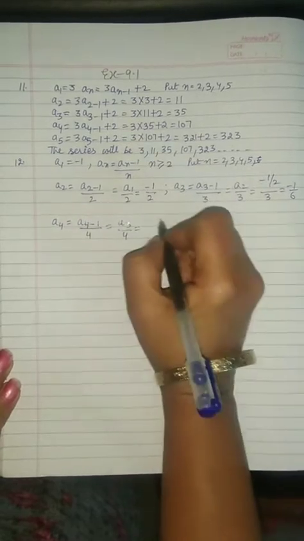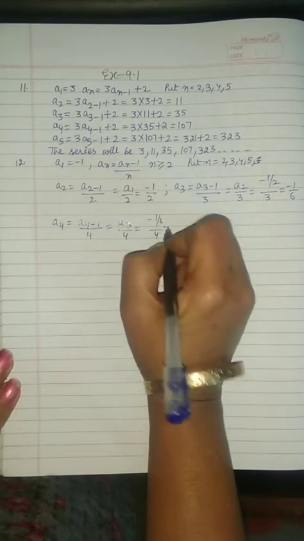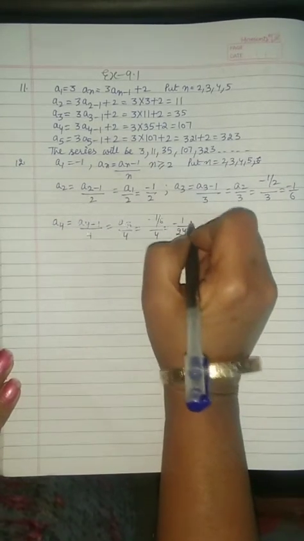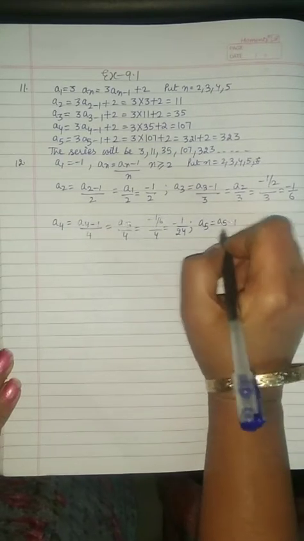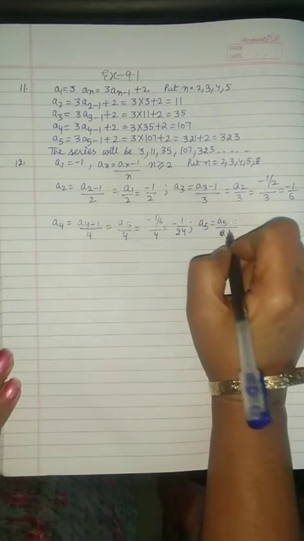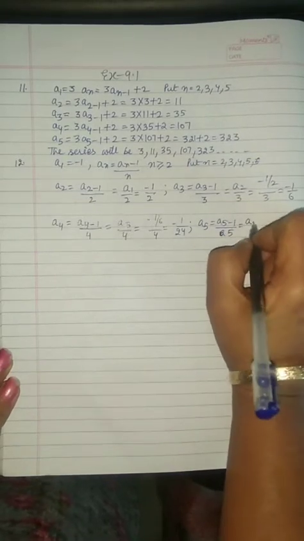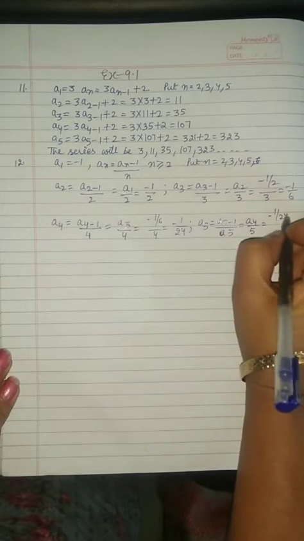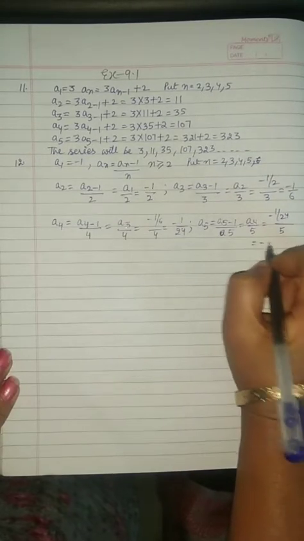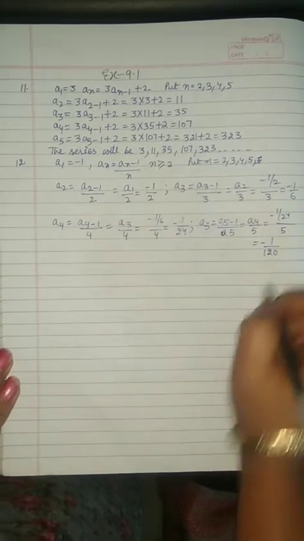Already a3 is minus 1 by 6, by 4 is minus 1 by 24. And then a5 will be a_(5-1) upon 5, so it will become a4 by 5. Now what is a4 here? Minus 1 by 24 upon 5. It will become minus 1 by 120.